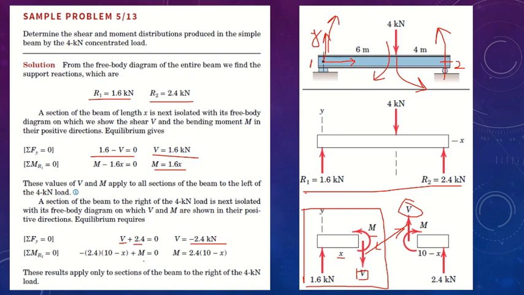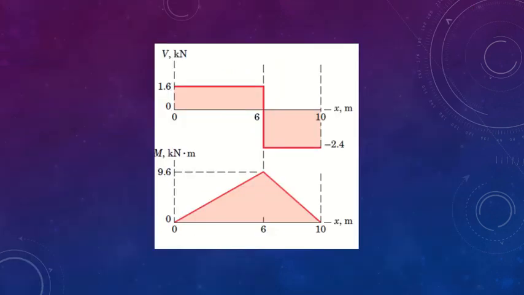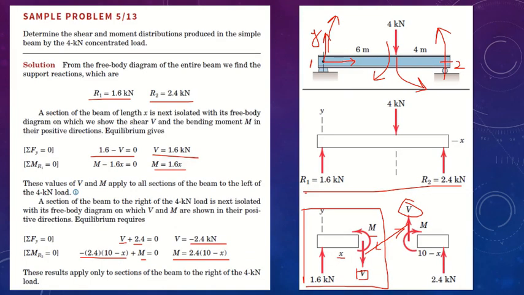Now from this we can find the value of x. But this x is a very generic form. So let us start adding values of x: 1 meter, 2 meter, 3 meter, 4 meter, 5, 6, and from there you can actually calculate and develop a shear and moment diagram.